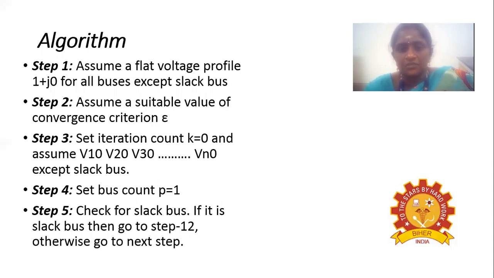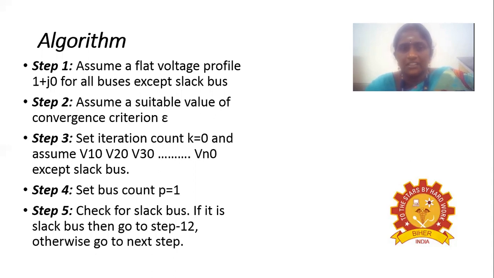After that, you have to assume a suitable convergence criterion. Then set iteration count K equal to 0 and assume the initial voltages V1(0), V2(0), V3(0) and Vn(0) except the slack bus. After that, the next step is to set the bus count P equal to 1.